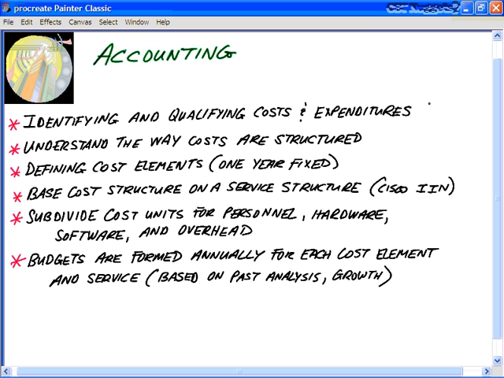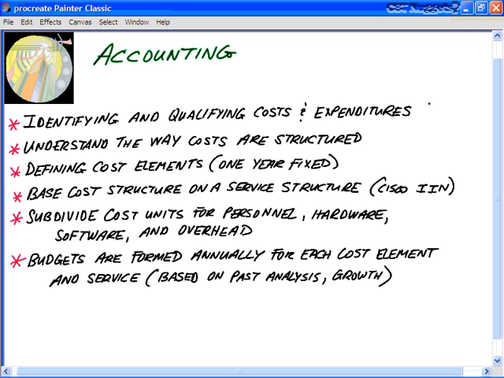It means defining those cost units, those cost elements: the equipment cost unit, the software cost unit, the organization cost unit, the OCU, the ACU, the accommodation cost unit or the facilities, the transfer cost unit, those things we looked at earlier. This is really handled in the accounting process.